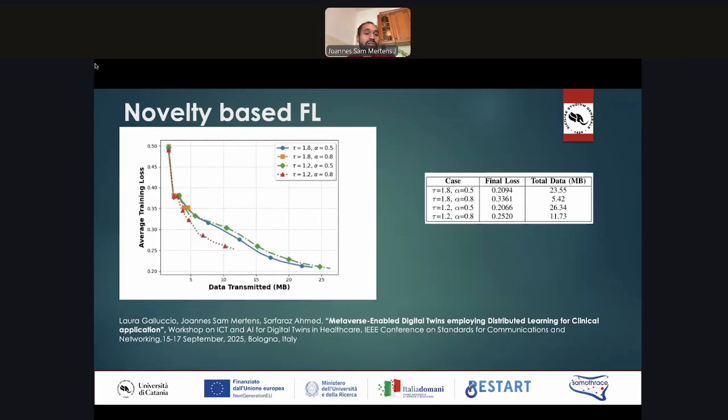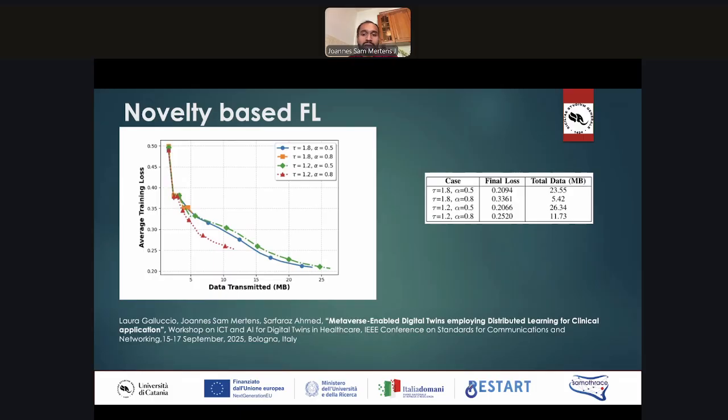Depending on the threshold, you set which nodes participate in the federated learning round. Here alpha is the initial threshold, and tau is the decay you set. Depending on that, the total data also changes. If you set a very low threshold, many more nodes will participate in the federated learning round.